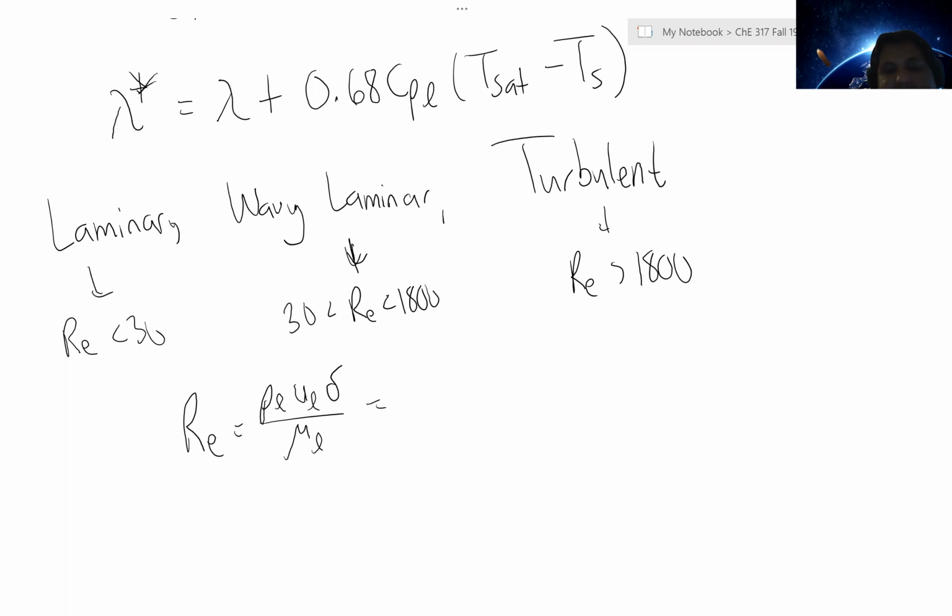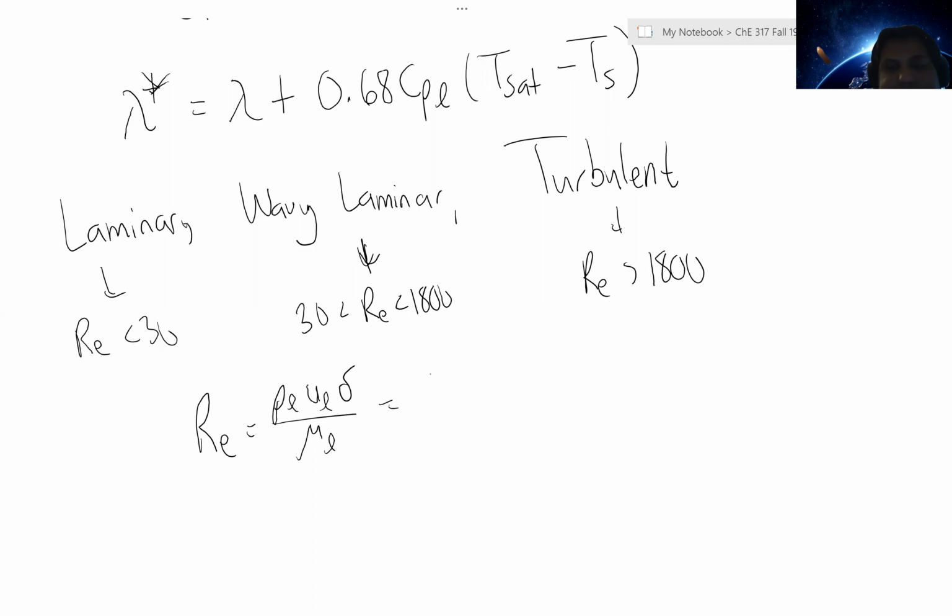And if we wanted to, we can also describe it as a function of mass flow rate, because that's a good way to check everything, as 4 times our mass flow rate. Now there's a 4 here. Yes. Over the wetted perimeter times viscosity of our liquid.